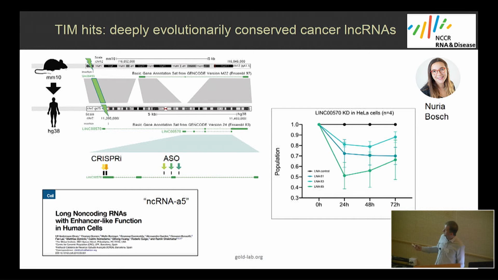She introduced these into HeLa cells. We chose HeLa because they were the only cells we could find which express this lncRNA. And you see this is the subsequent growth of the cells. For all 3 of those antisense oligonucleotides, you get a reduction in growth. So at least in one case, this supports that this orthology method can identify true cancer-related lncRNAs in human cells.